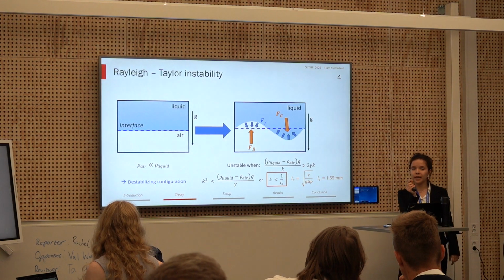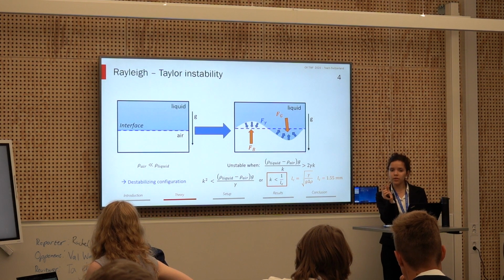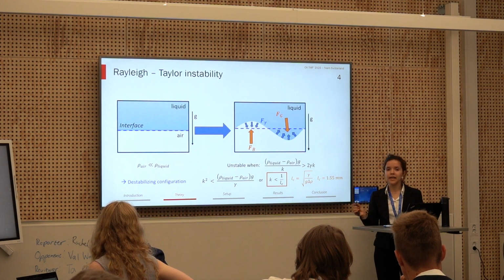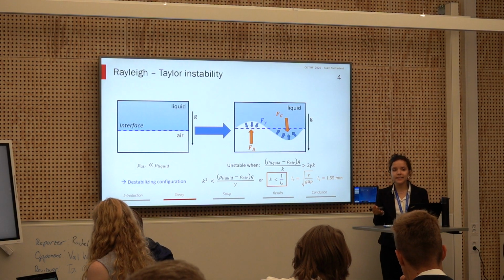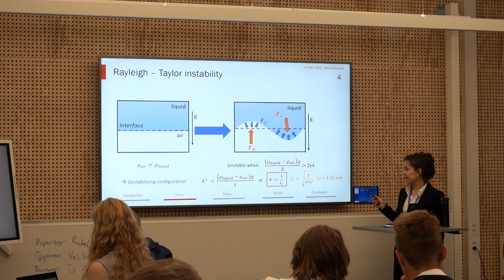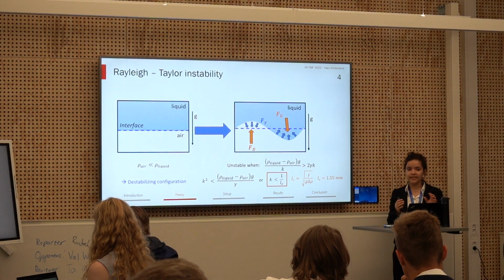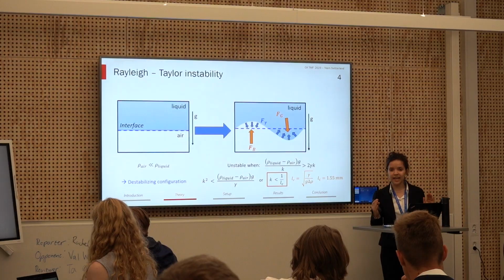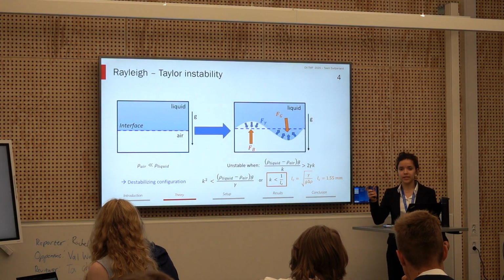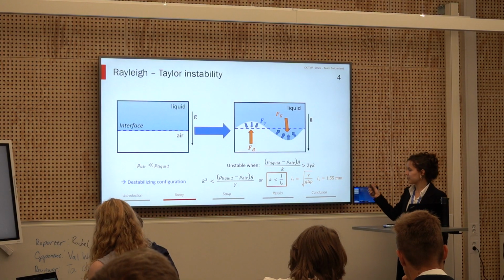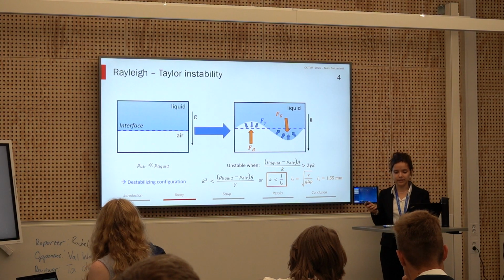So if you've got a capillary that has a smaller diameter, then it will remain stable whatever you do. So you don't have to excite it to get a stable state. That's important. In our case, we had a container that has a larger diameter. In our first case, we had a diameter of 3 centimeters, which is of course larger than this critical length.